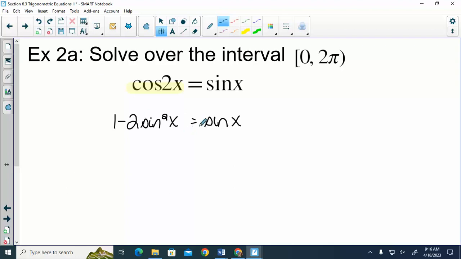So now we no longer have weird angles, so this is now just like a problem from yesterday.